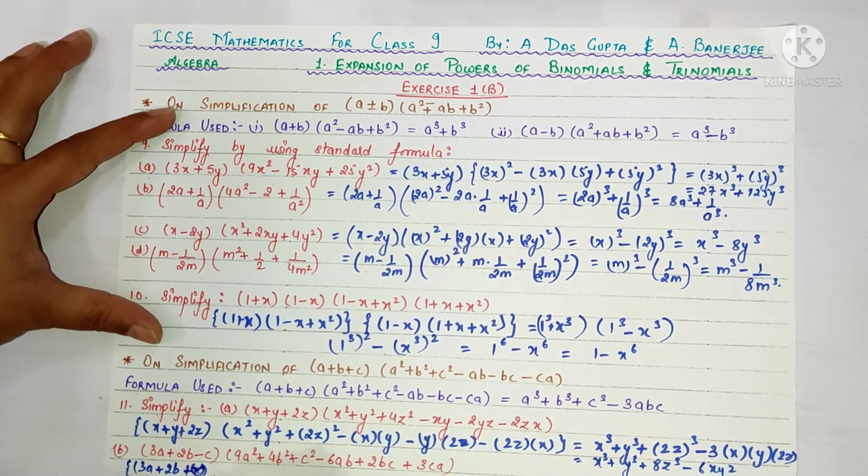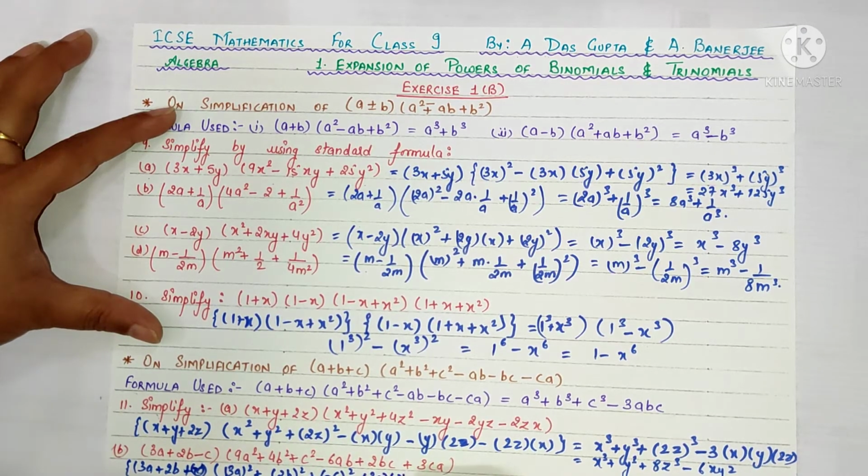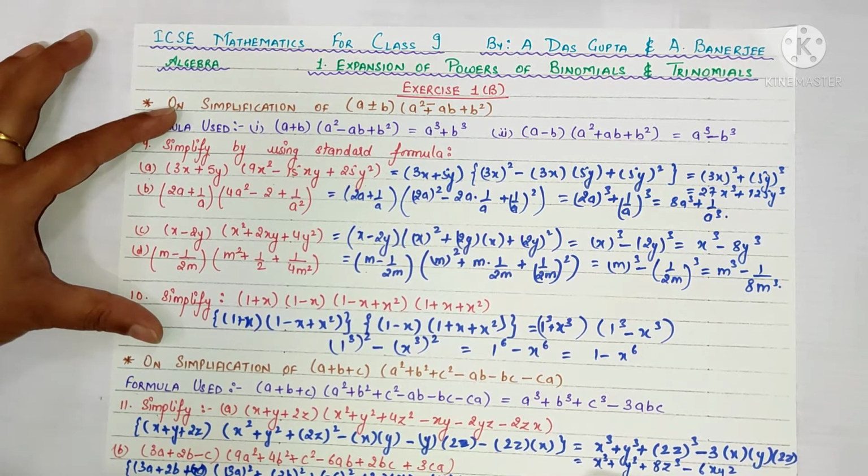Okay. So further we'll be splitting this as (3a) whole square plus (2b) whole square plus (minus c) whole square minus 3a into 2b minus 2b into minus c minus 3a into minus c.